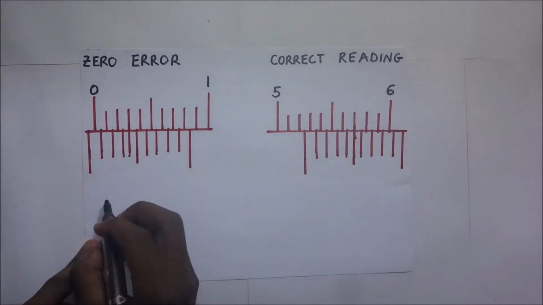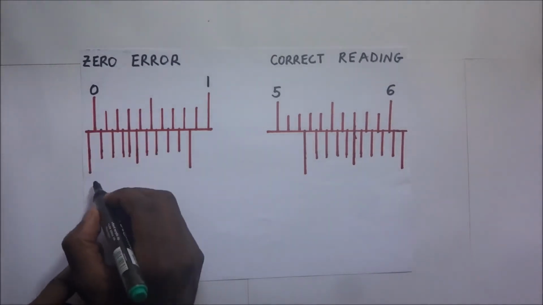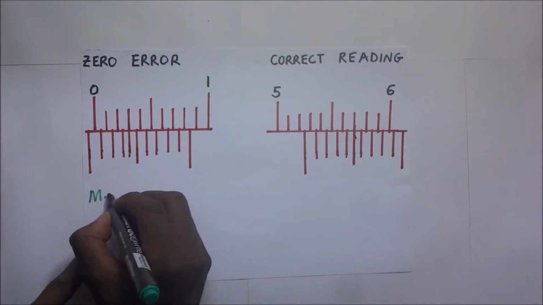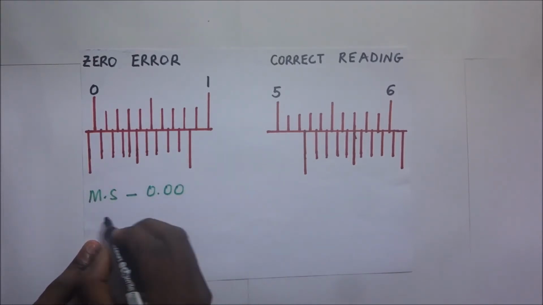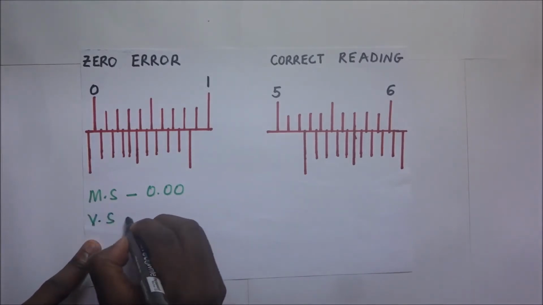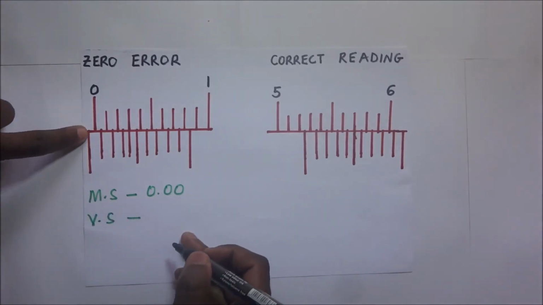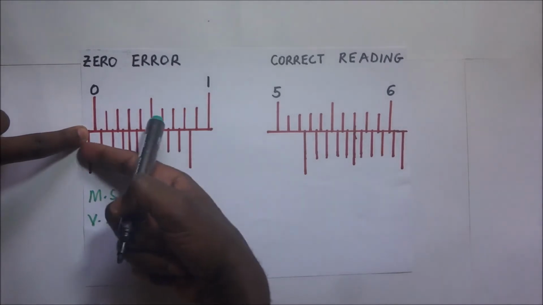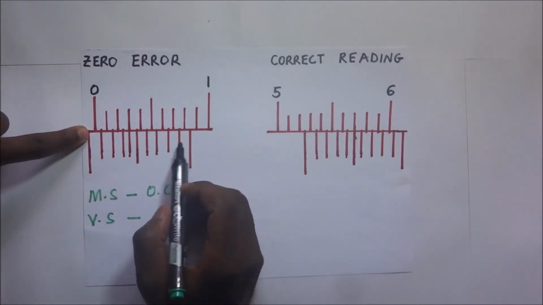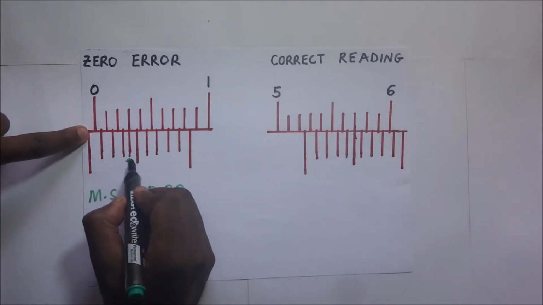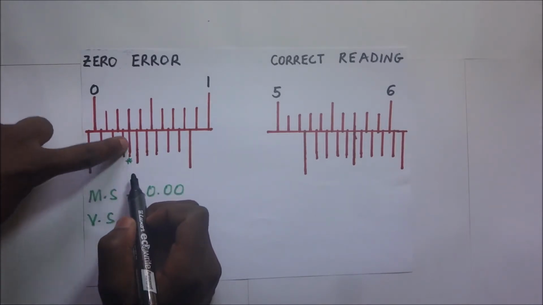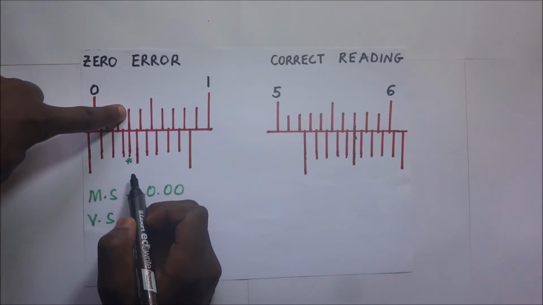To get our zero error first, the main scale reading is always going to be 0.00. Then the vernier scale reading is counted from the back. If you look through here, this is the point where the graduations are coinciding with the main scale.